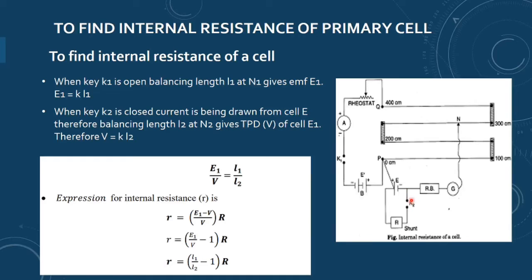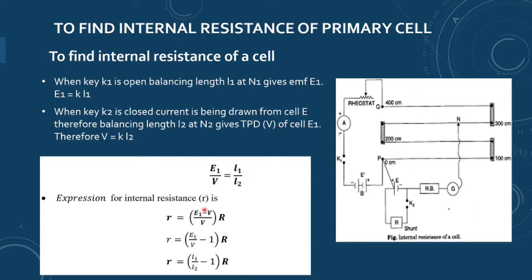For the second step, K2 is to be closed, and when you close the K2 key, the current will be drawn from this cell E1 also, and you will be getting the balancing length, let me call it L2, and that is giving you the potential difference, which is given by KL2. So when you divide these both the equations, you get E1 upon V equals L1 upon L2.